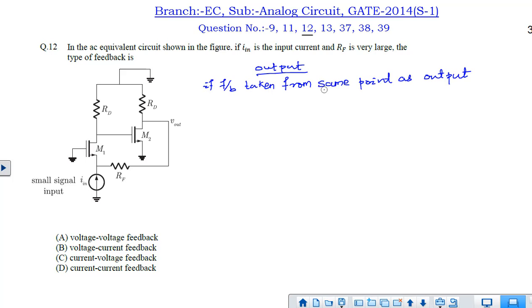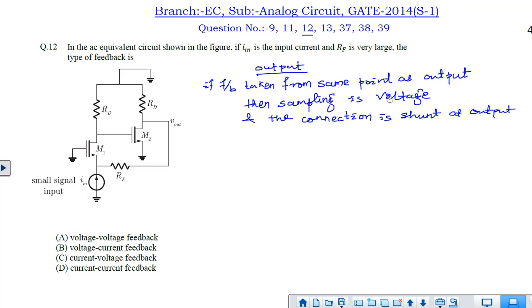If the feedback is taken from the same point where the output is taken, then the sampling will be of voltage type, whereas the connection will be of shunt type. So this is the thing at the output.